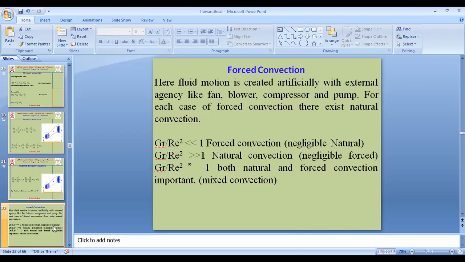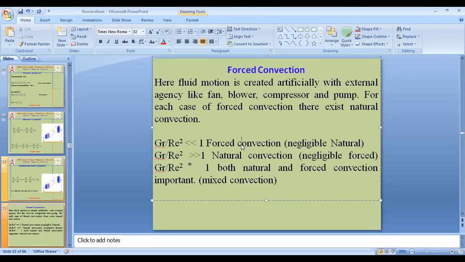So how do we decide which equation to consider? We decide based on the ratio Gr, the Grashof number, divided by Reynolds square. If Grashof divided by Reynolds square is very, very small compared to 1, then what is dominating is the denominator, that is the Reynolds number.